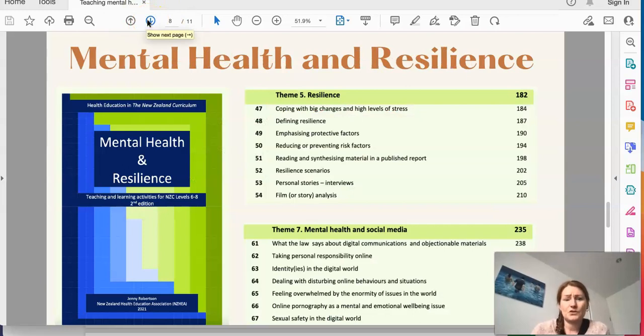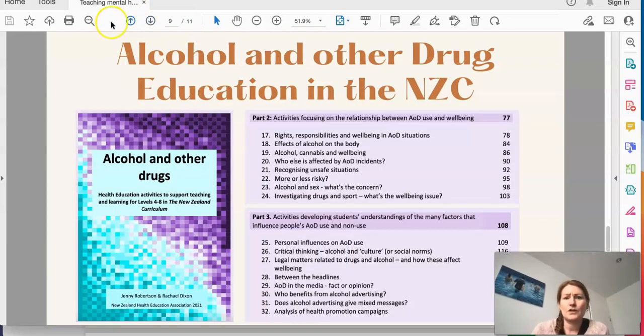I'm not going to talk about this resource because that's senior secondary, but if you are teaching Year 7, Year 8 students, you may find a few things useful in this Alcohol and Other Drug Education in the New Zealand Curriculum resource from NZHEA. There's quite a lot in there. It's about a 300-page resource.